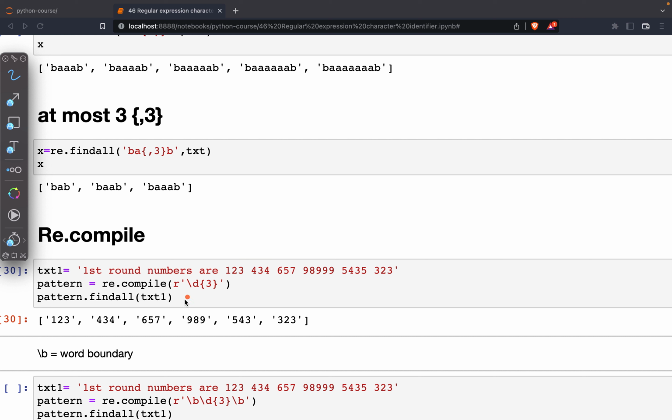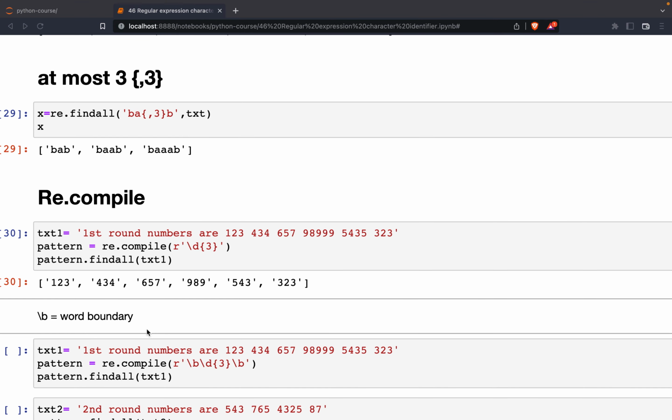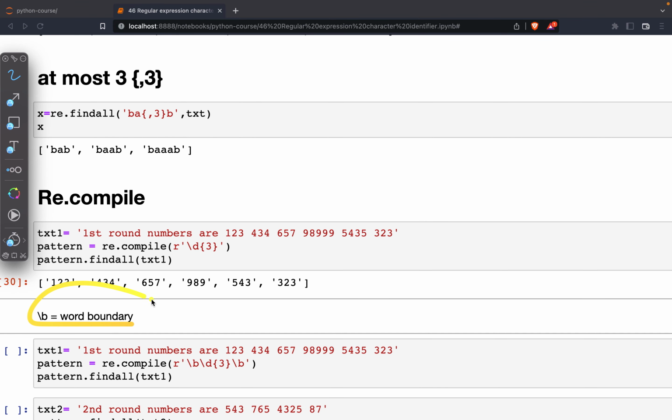So now you may see there are some results that are unexpected, because you may not want to include this one, because this is not 3 digits, but this includes 3 digits here, so it will also be included in this result. So in order to fix this, we have to use the word boundary, the \b, placed right before and also at the end of the 3 digits.